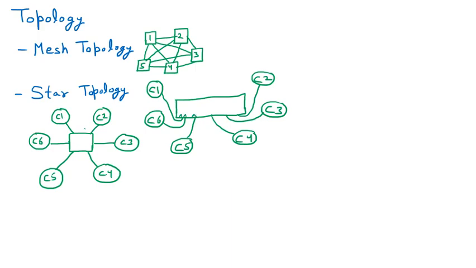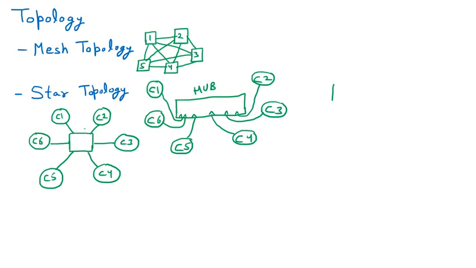Now this device we have been learning about from the very first day is the hub. So now we can easily say that the diagram we have been learning from the very first day is the diagram of the star topology.